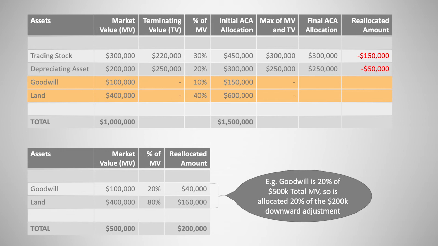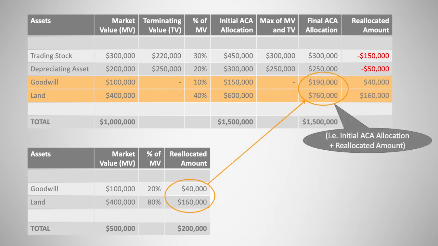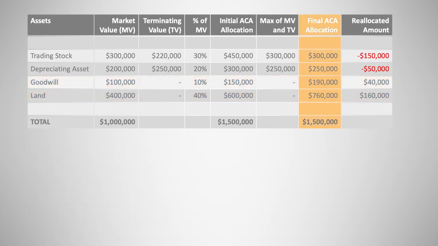The amount is reallocated to them in the proportion of their respective market values. As a result, the value of the goodwill is increased by its 20% proportion, and the value of the land is increased by its 80% proportion.